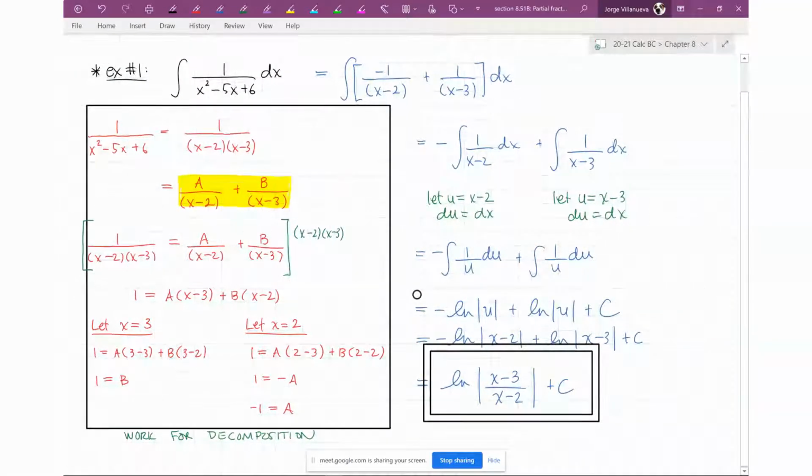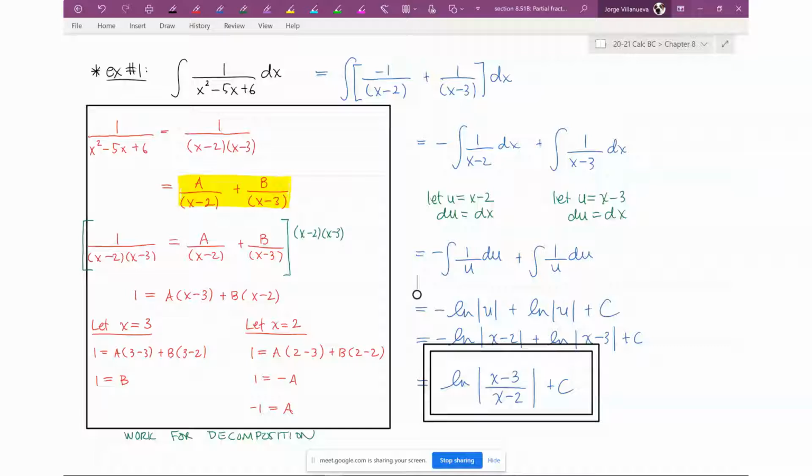Okay. Now you guys are lucky. In Calc BC, they only require you to do this with linear functions. When you do quadratic functions, it gets a lot more complicated. They only make you do linear stuff like this. Okay. But even linears can get a little tricky. We're going to do an example too, our last example. And that one's a little bit tricky.